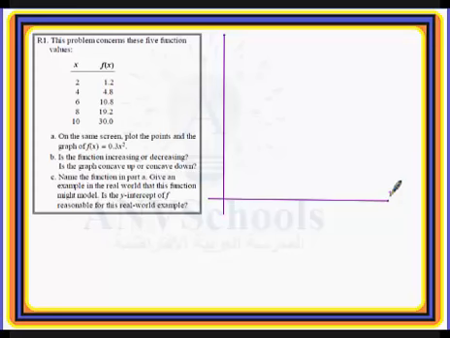Let's define them. This is our x-axis. This is our y-axis. And our x is in intervals of 1. So 1, 2, 3, 4, 5, 6, 7, 8.